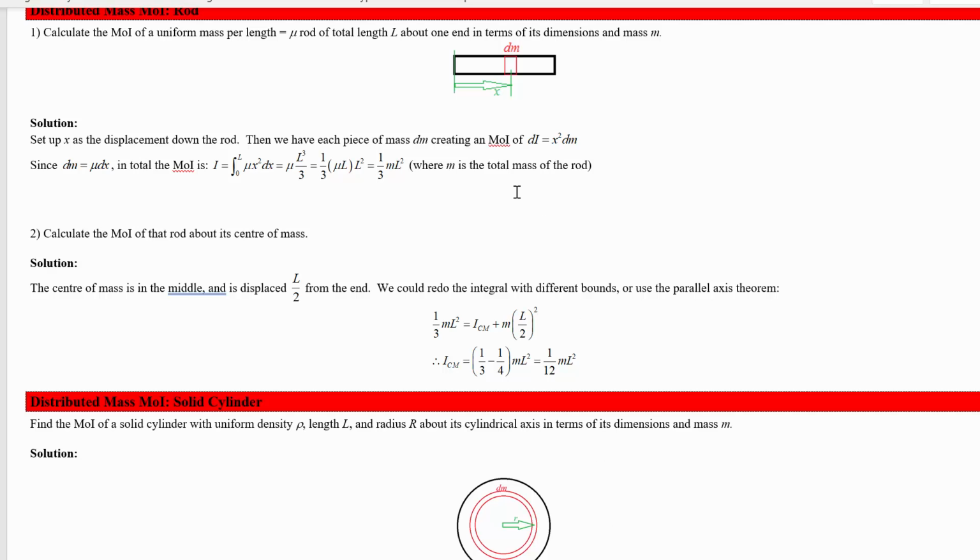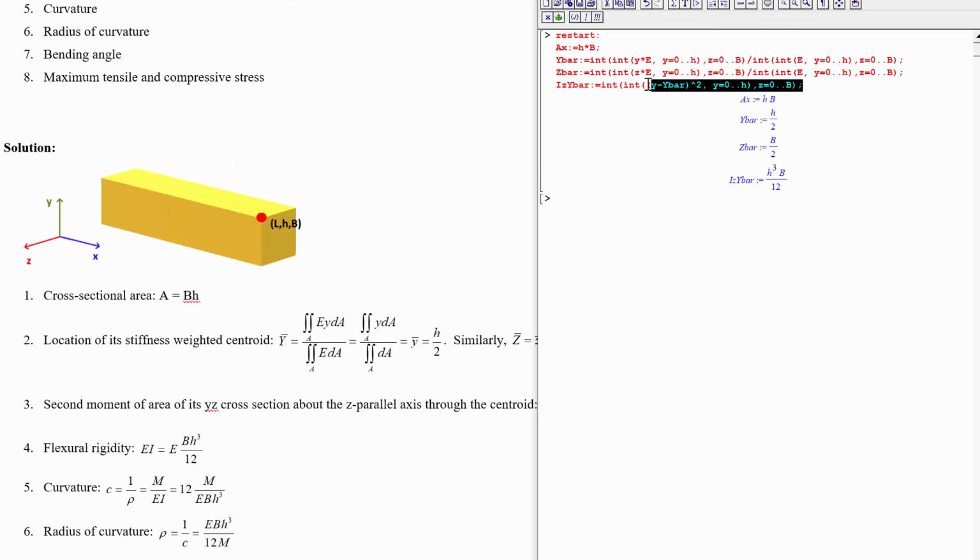Now, the reason for that is this is a representation of how difficult it is to rotate something around a center, and that's the same kind of thing that's being dealt with here. So here, this is just from an area perspective. How hard is it to rotate this cross-section? How much does a cross-section resist rotation about its central axis, and it ends up being an integral of the square of the distance away from that axis, which is what's leading us to this h cubed b over 12.